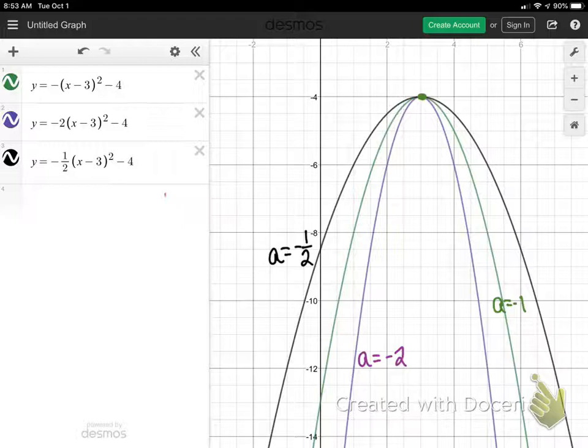Look at the formula. Don't look at the graph. The -4 is the y value. I heard lots of people say -4 is the y value. 3 is the x value. So 3, -4 is it. Okay? That is reasonable to take a picture of if you need to.